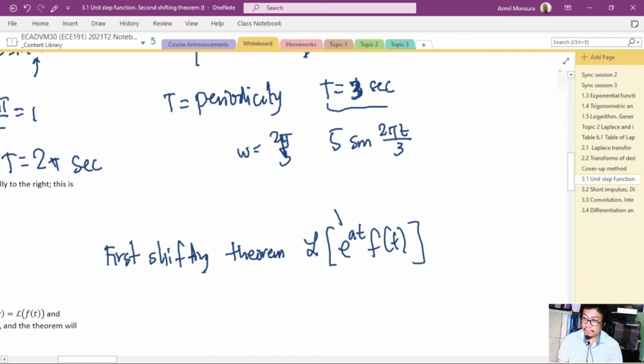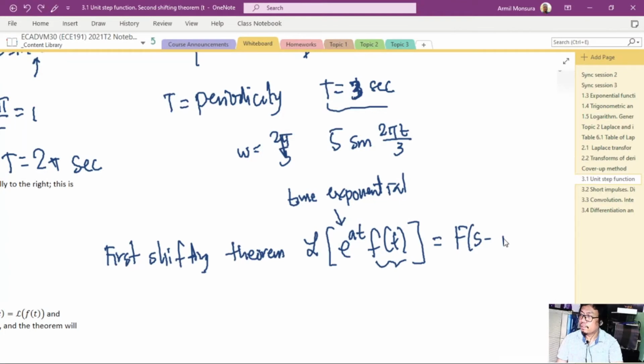Let's specifically call this a time exponential, meaning an exponential whose exponent depends on time, an exponential in the time domain. So if you have f of t, a time domain function, multiplied by a time exponential, its Laplace transform is F of s minus a.